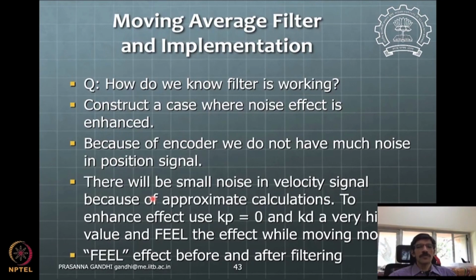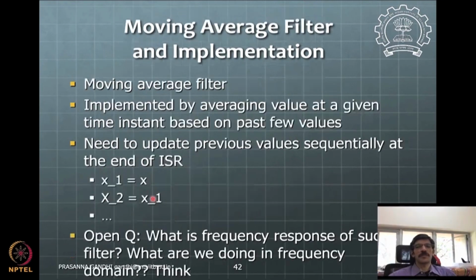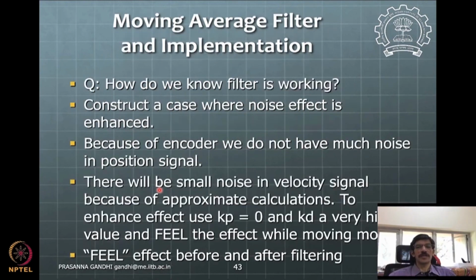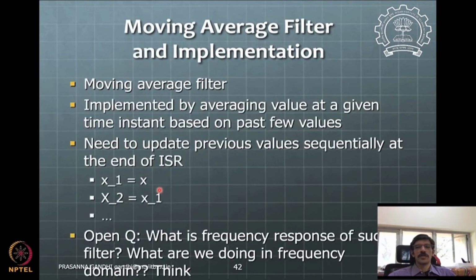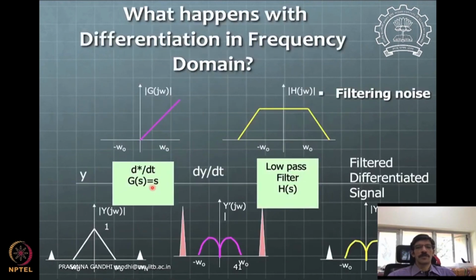So we'll not worry about the frequency response of such a filter, but one of the ways of implementing a filter is a moving average filter. And if given a transfer function, then one can use this. Suppose the transfer function is given as 1 over tau s plus 1.